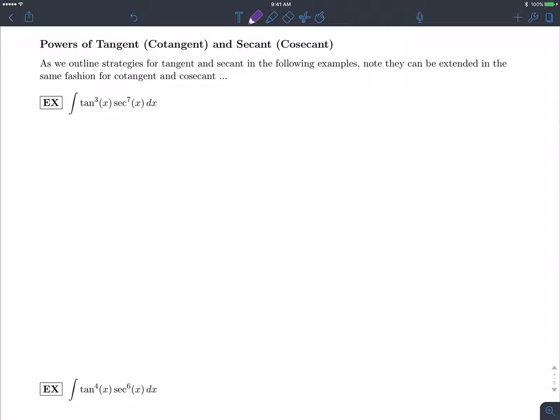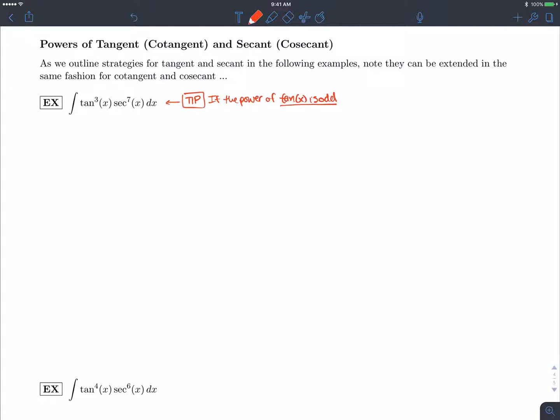So the tip that I would give you for this one, and we're going to see a couple different examples, you can kind of compare, and hopefully that makes sense why this becomes our intuition for this first problem. So the tip that I would offer you here is if the power of tangent of x is odd, so this is sort of regardless of the secant.